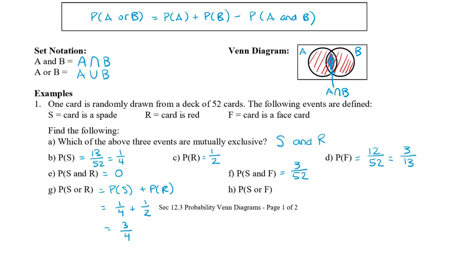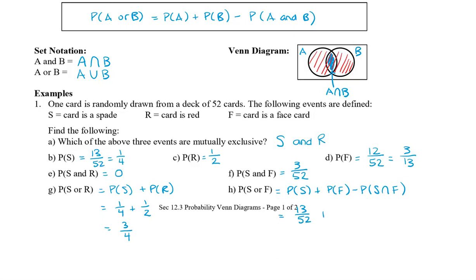All right, and the last one here is the probability of getting a spade or a face card. If I wrote this out using our formula from above, that would be the probability of getting a spade plus the probability of getting a face card, and then minus the probability of getting a spade and a face card. So the probability of getting a spade is 13 out of 52.